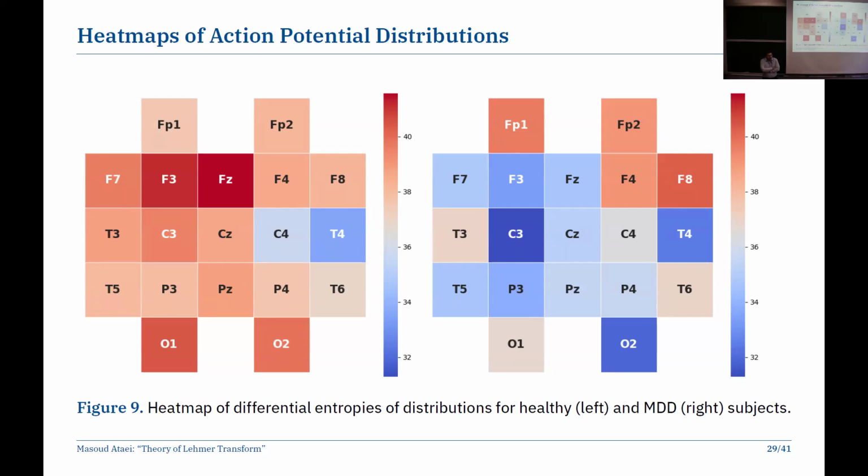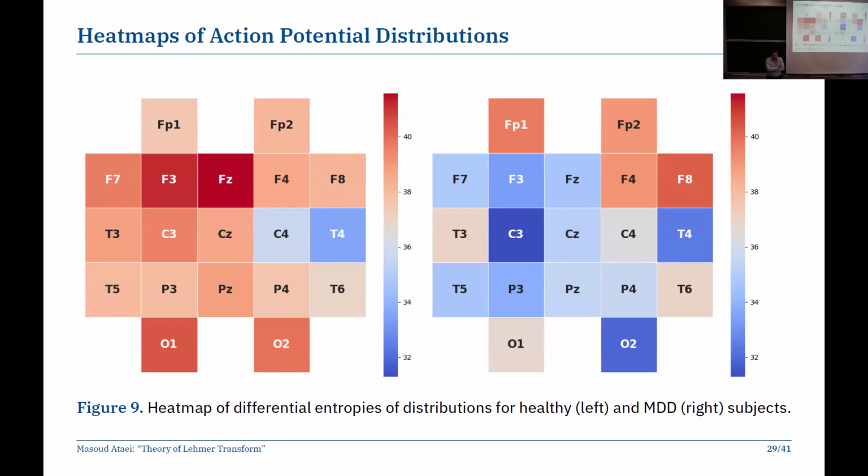C3 in the left motor cortex has the lowest entropy value in the entire map. This indicates reduced dynamical variability in the motor circuits, which is consistent with psychomotor slowing, also a hallmark symptom of major depressive disorder.